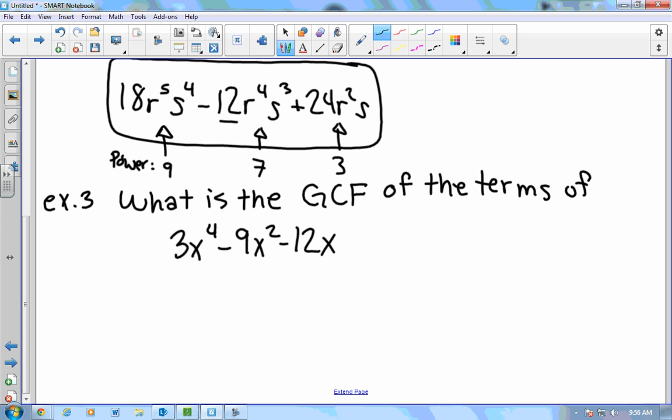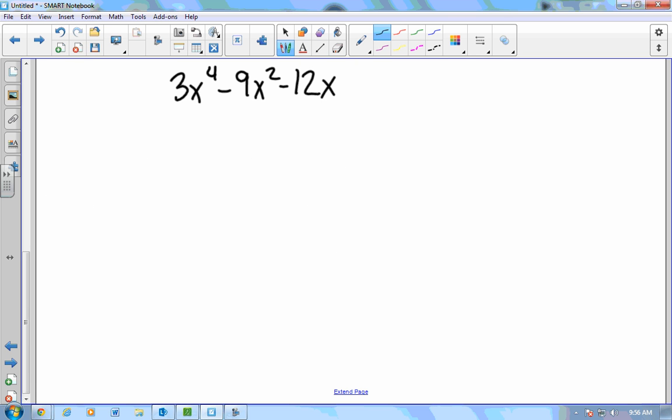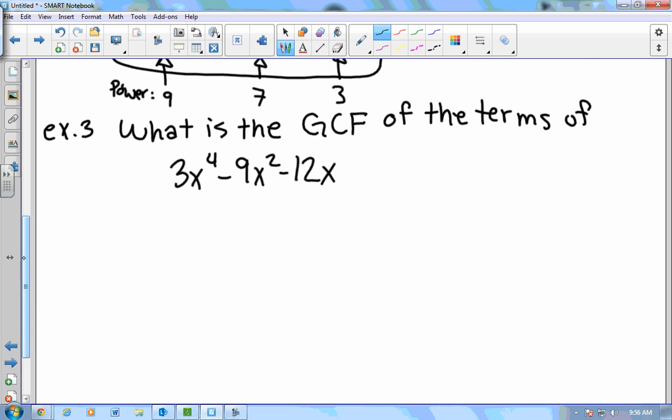What's the GCF? Greatest common factor. Any ideas? Yeah? Okay, she thinks the GCF is 3x. What do you think about that? Okay, can someone else explain why it would work?